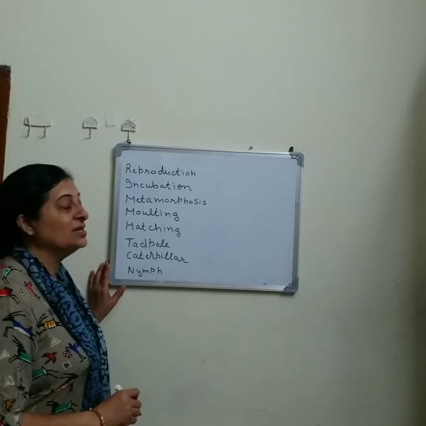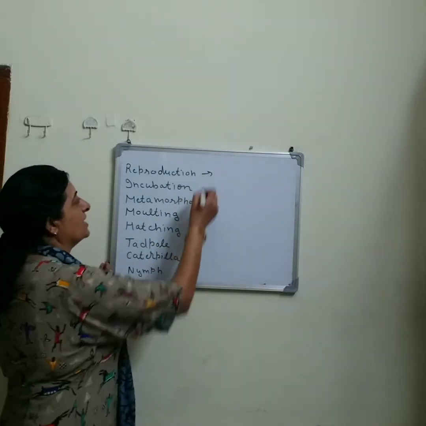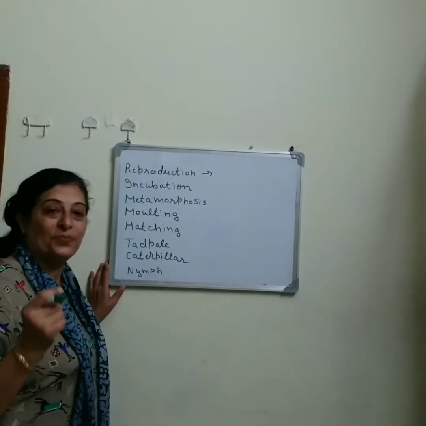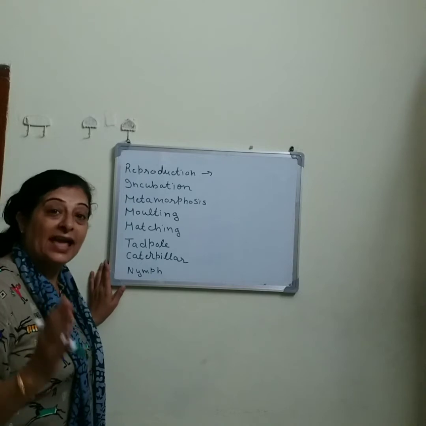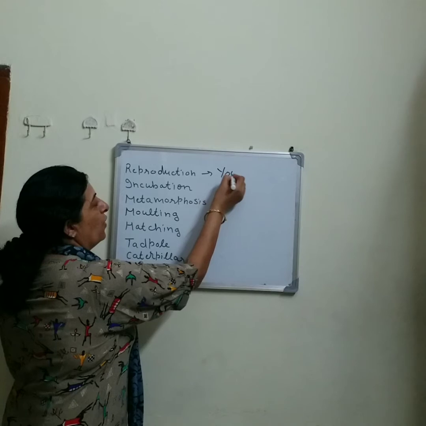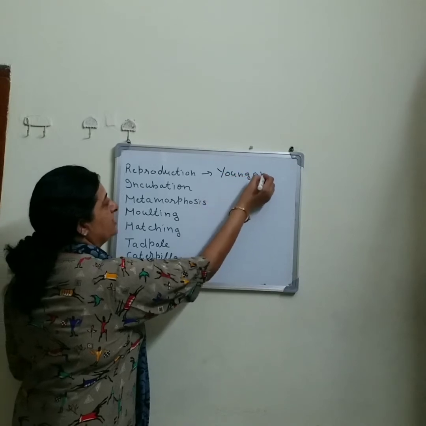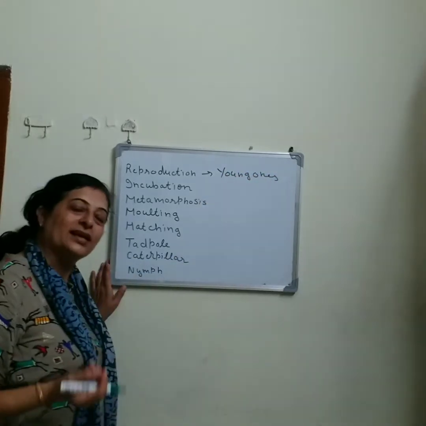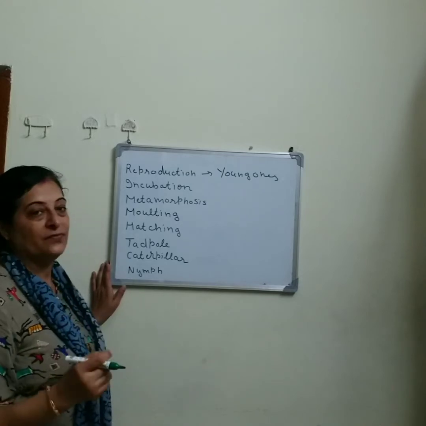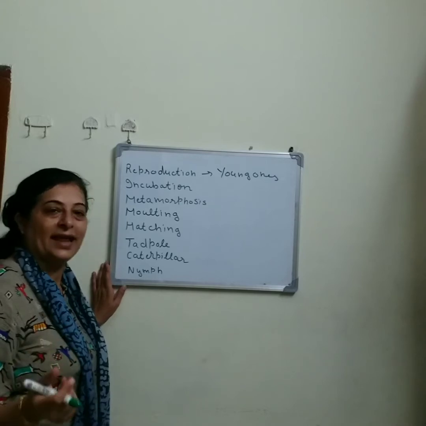Are you ready? First of all, what is reproduction? Reproduction means when any living organism produces young ones of their own kind, either by laying eggs or by giving birth to young ones directly.